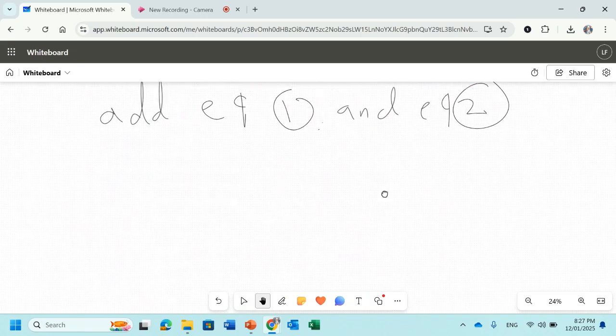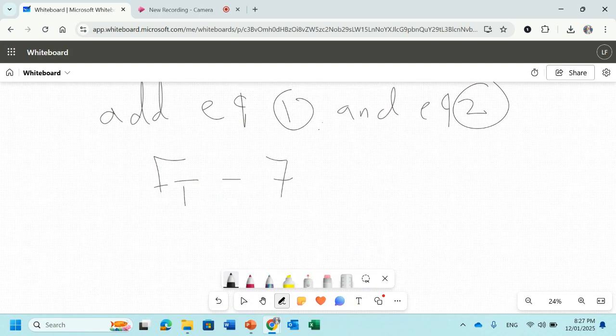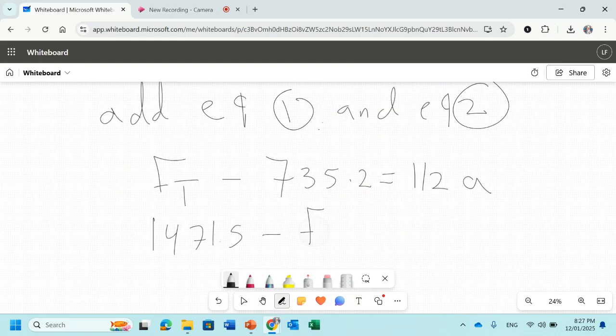Equation 1, I'm just going to rewrite it: Ft minus 735.2 equals 112a, and the other one, 1471.5 minus tension equals 150a. Add.